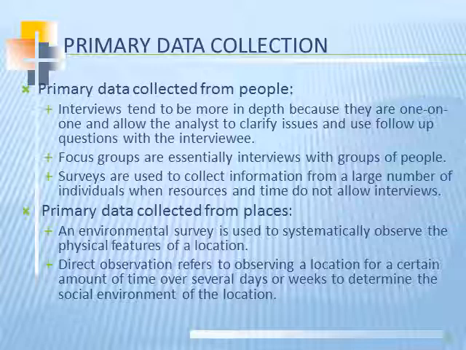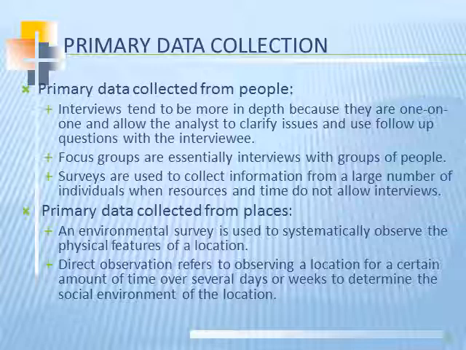Crime analysts typically collect primary data from places through environmental surveys and direct observation. An environmental survey is used to systematically observe the physical features of a location, such as lighting, parking spaces, and number of windows.